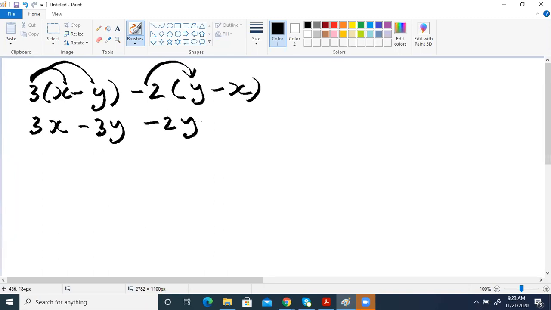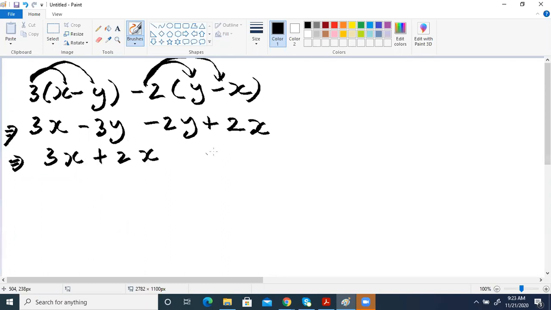Similarly, now this one, you have to be careful because I have two negatives. This negative is multiplied with this negative, so you get a positive 2x. And remember we spoke about grouping. We group the x's, so this is 3x plus 2x, and the y is already grouped together, so we can just rewrite it. We have 5x, and this is minus 5y.